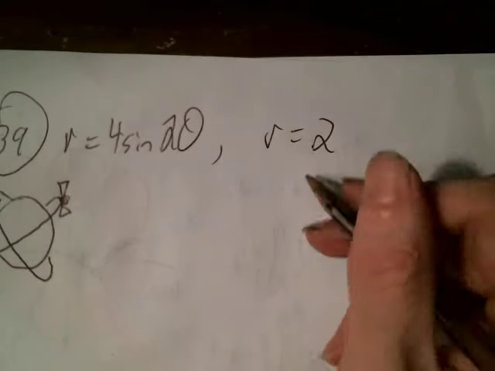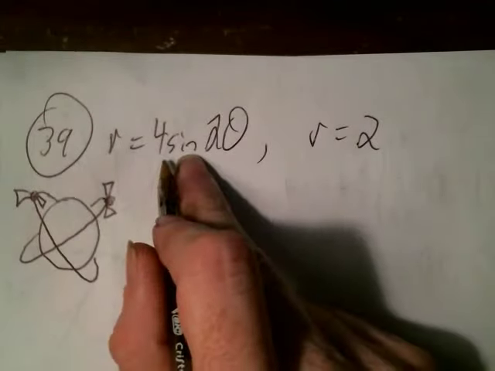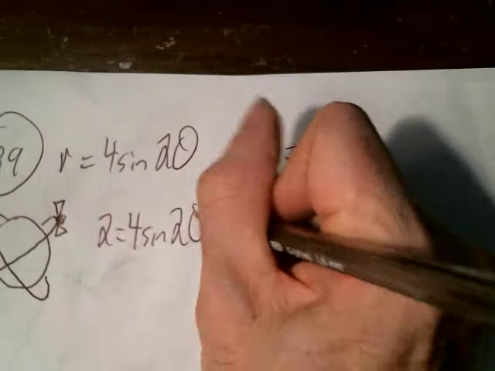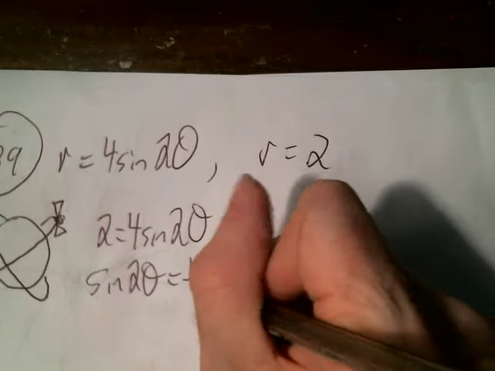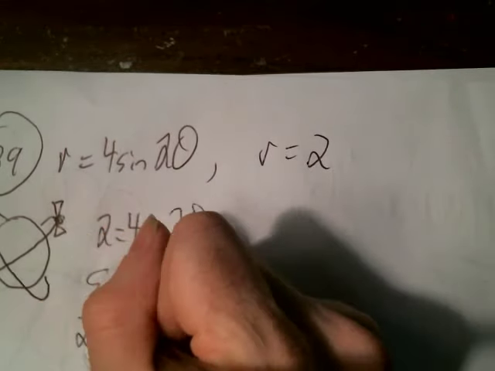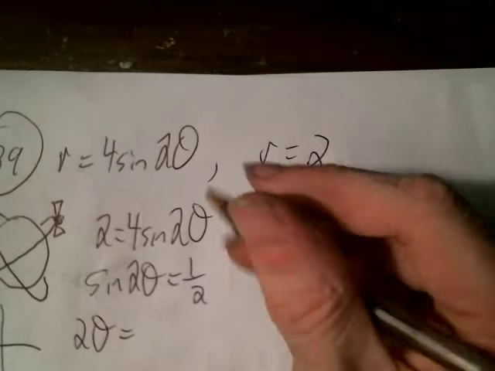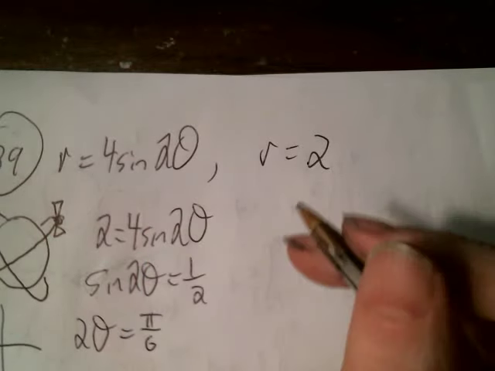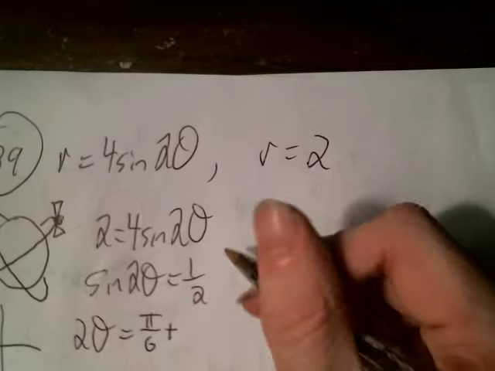In this particular example, to get the intersection points, you just take the two expressions and set them equal to each other. So 2 equals 4 sine of 2 theta. In other words, we're looking for where sine is equal to 1/2. The reference angle for that would be pi over 6. And then, are there two?